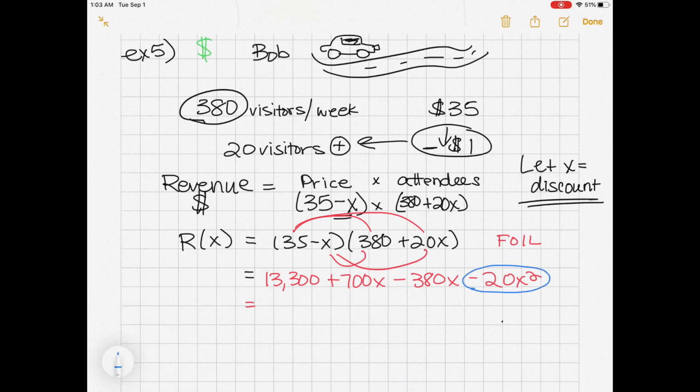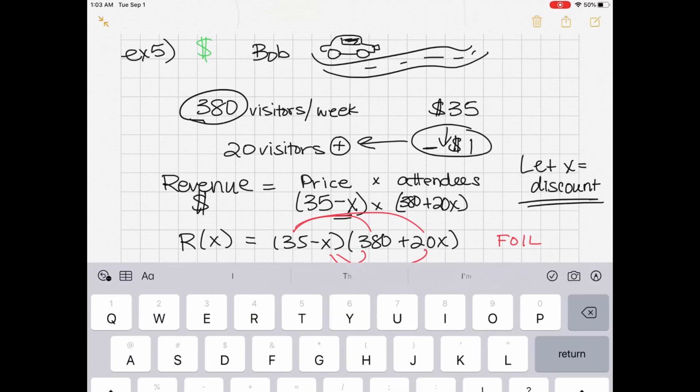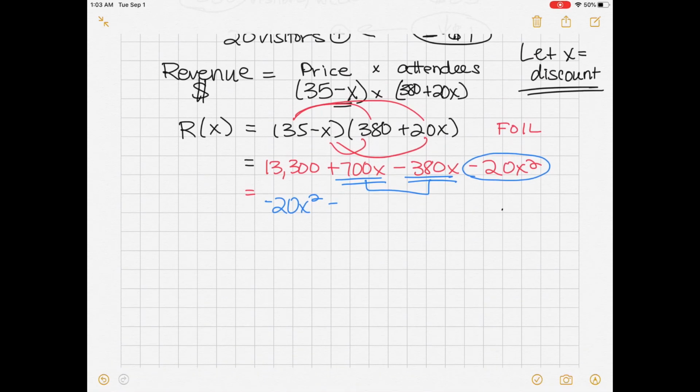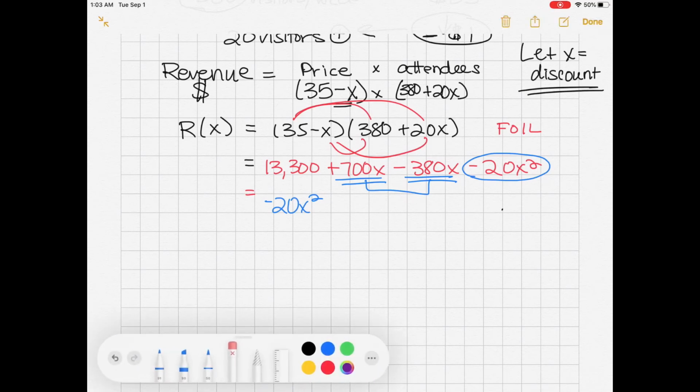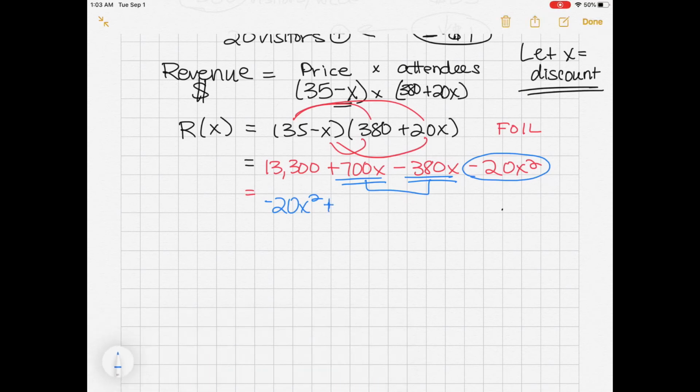So we know this is our biggest power, so we're going to put that first, in descending order: negative 20x squared. Then we combine the like terms, 700x and negative 380x, and simplify that to 320x, and there's our 13,300. So here we go. We know our function for all of his revenue is this.